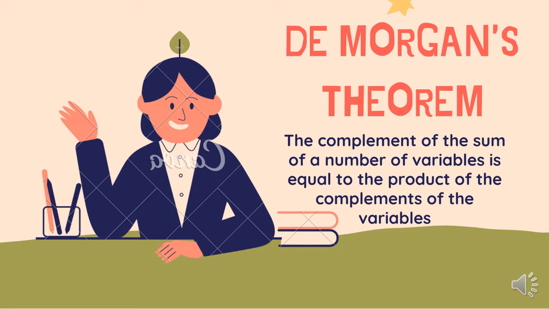Let us consider two variables, one is A and the other one is B. From the first line, the complement of the sum of a number of variables, that means (A plus B) bar, equal to the product of the complements of the variables, that means A bar dot B bar.